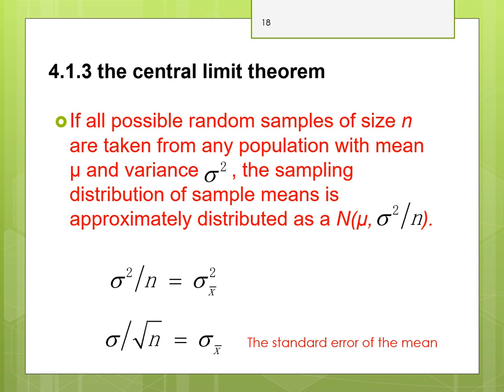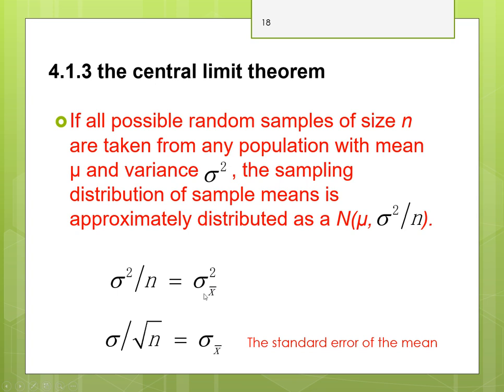No. The variance of X bar is not exactly equal to sigma square. Most often we use this symbol to represent the variance of X bar: sigma square with X bar in the right corner. This is the sigma square of X bar, the variance of X bar.